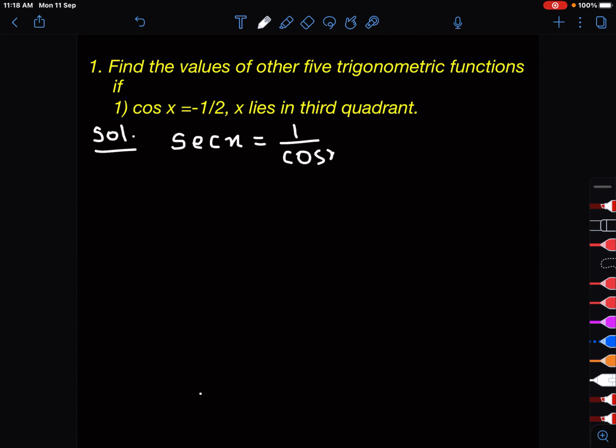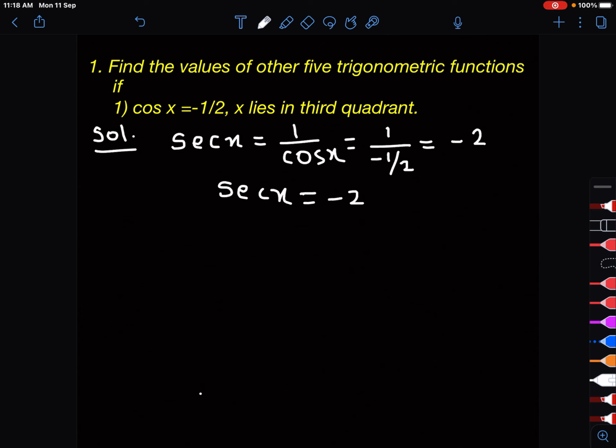So you will be getting the inverse of cos x, which will be minus 2. This 2 will go up and this minus will come upside. So we have got the value of secant x as minus 2.